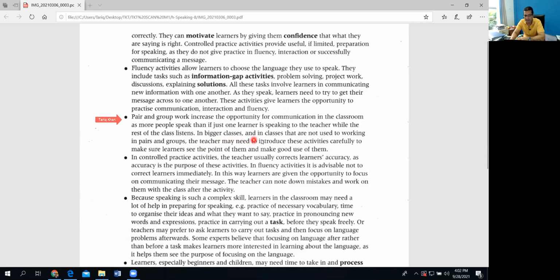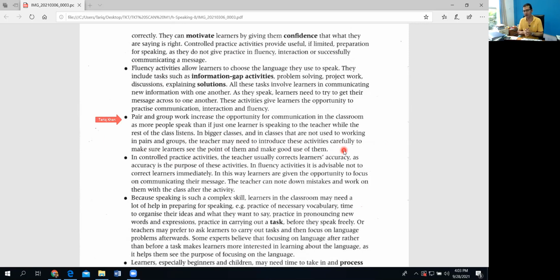In bigger classes and in classes that are not used to working in pairs and groups, the teachers may need to introduce these activities carefully to make sure learners see the point of them and make good use of them. Sometimes if you happen to teach in a bigger class, like 40 or 50 students, then you have to plan how to do these interactive and communication activities.